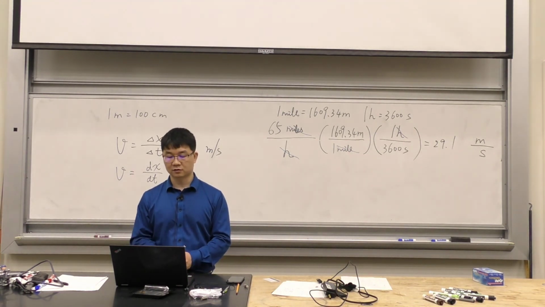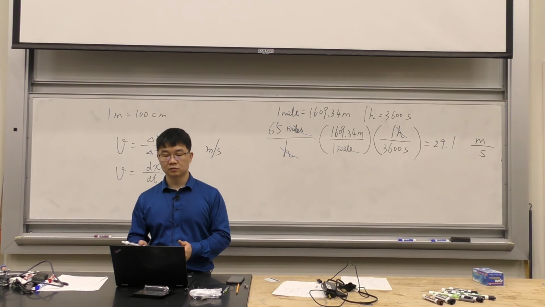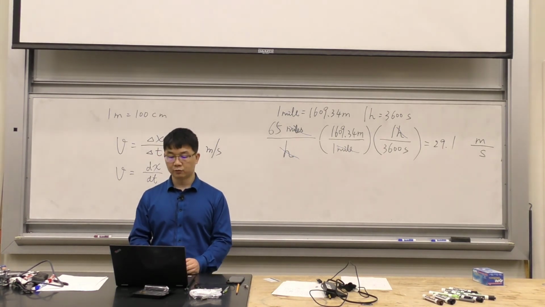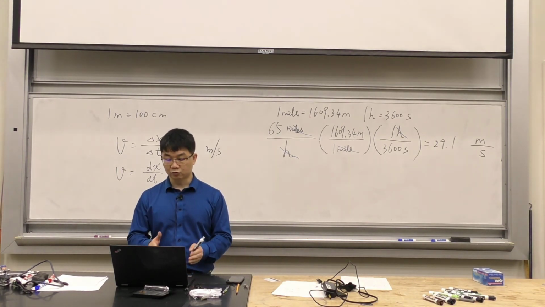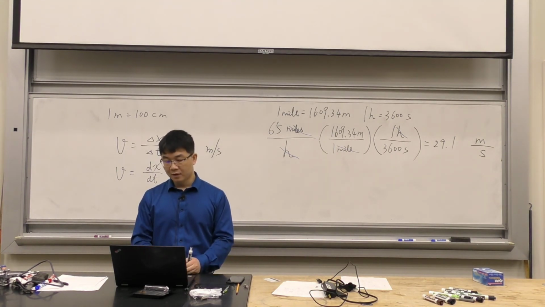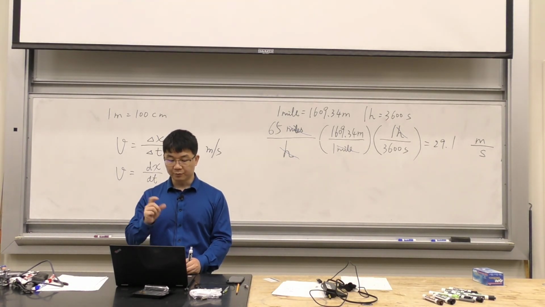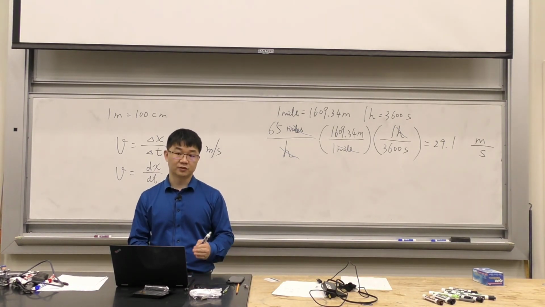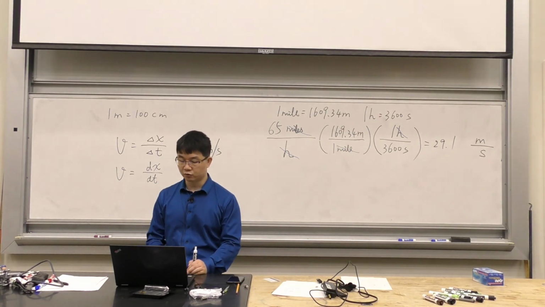So they're called vectors. They have a magnitude and a direction. So when we draw a vector on a piece of paper, what we usually do is we draw an arrow, right? And then we use the length to represent the magnitude quantitatively, okay? And then we use the tip of the arrow to represent the direction, okay?